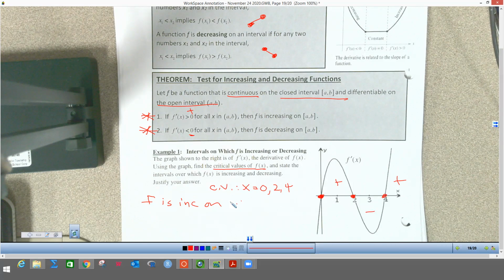If you look up here, increasing on the interval from 0 to 2 and 4 to infinity, because again, we're above x on these two things. So this is where it's increasing. And it says justify. So here's your justification: because f prime of x is greater than, and you can also put equal to, 0 on 0 to 2 and 4 to infinity. So that's that problem right there.